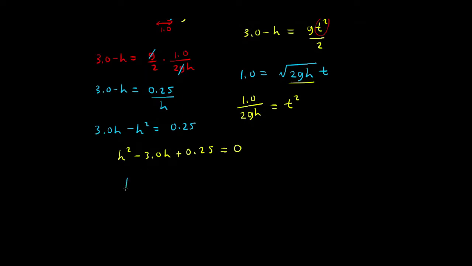And now we can use the quadratic formula. So h is equal to minus minus b, which is positive 3.0, plus or minus the square root of b squared, which is 9, minus 4ac. And that's all divided by 2a, which would be 2 by 1.